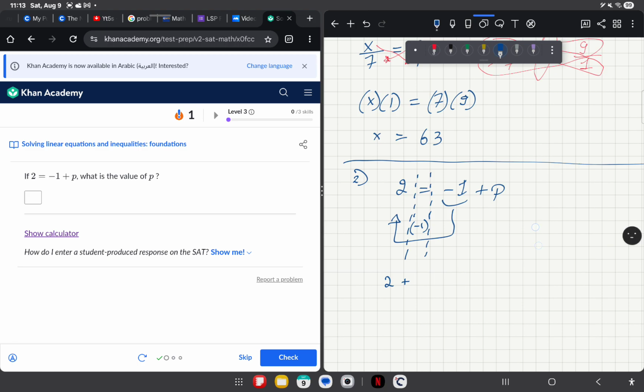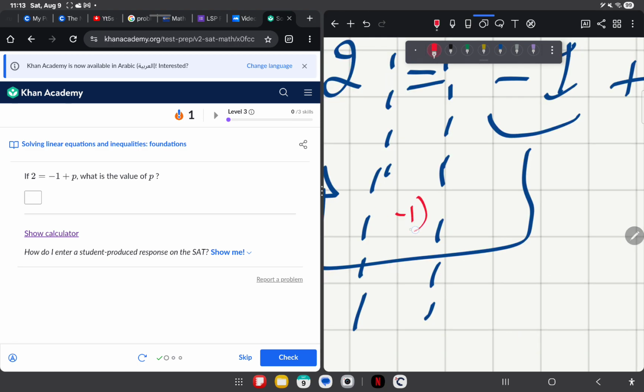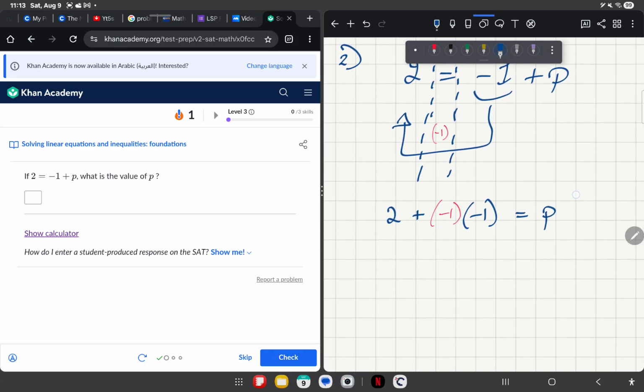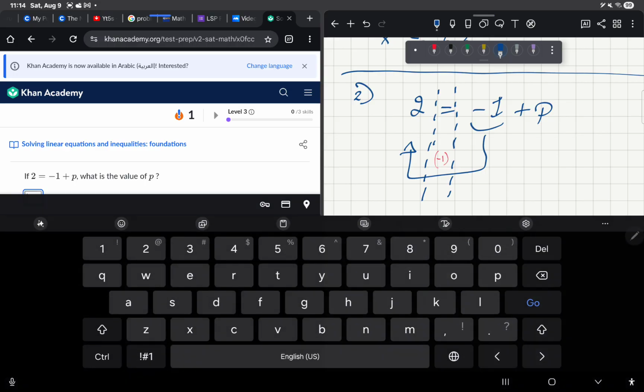Let me change colors. This one over here is the -1 that I am multiplying. So -1, and this is the -1 that I have, is equal to p. So 2 plus 1 is equal to p, so p is equal to 3.